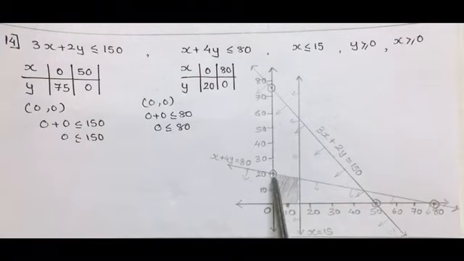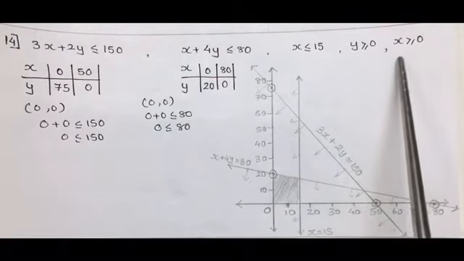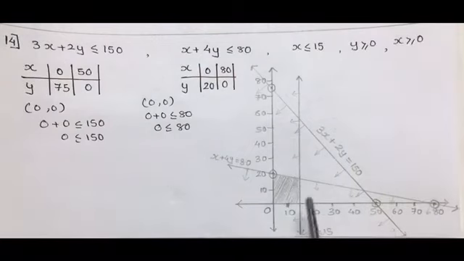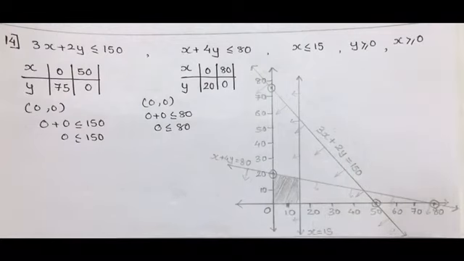So if you see the common area, this quadrilateral is a common area, and as y is greater than or equal to 0, x greater than or equal to 0, the common area will be lying only in the first quadrant, because in the first quadrant x and y both are positive, and that condition is already given here.